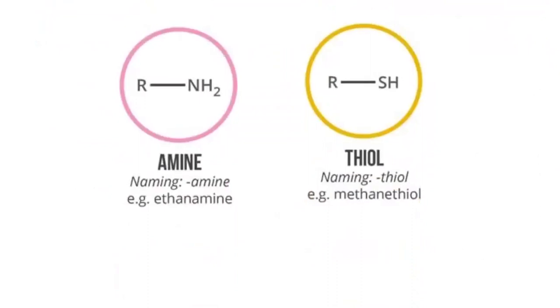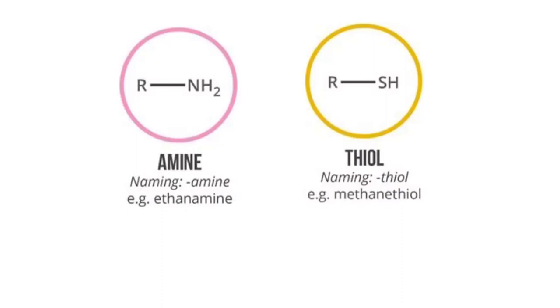Two more members of the heteroatomics family. The first one is an amine. And when it comes to an amine, understand that R is still a carbon chain. And then as long as that carbon chain is bonded to nitrogen, okay? In here, we are representing an amine with an NH2.